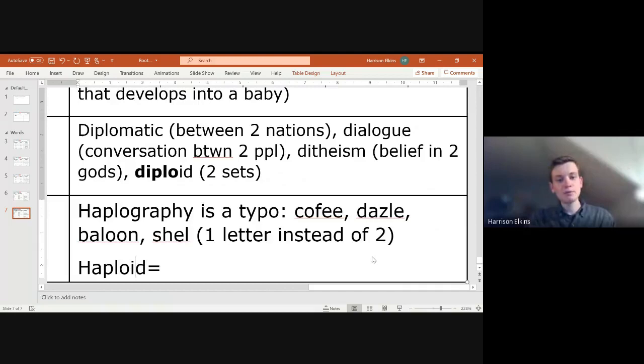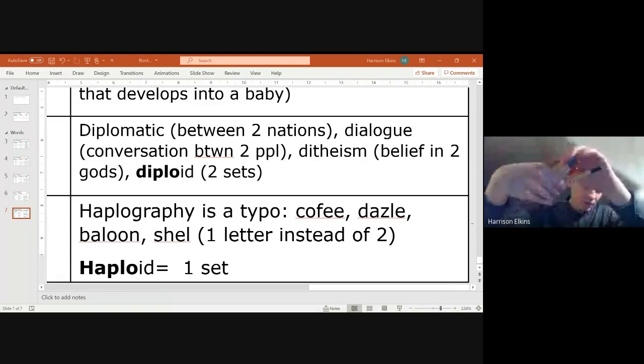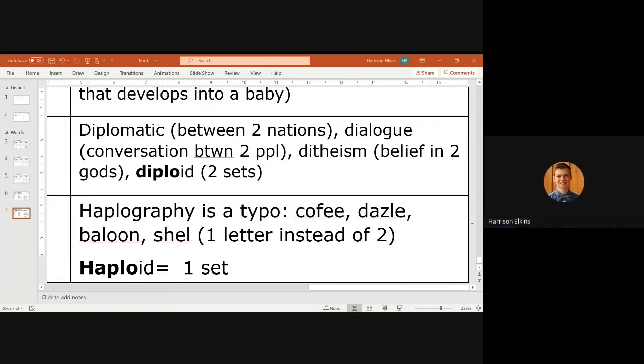If diploid means two sets, what do you think haploid means? Haploid means one set. So if I took my colored pencils and only took out my Studio Series set of pencils, and I just stuck with these ones and didn't take any of the other ones, this would be a haploid set of colored pencils.